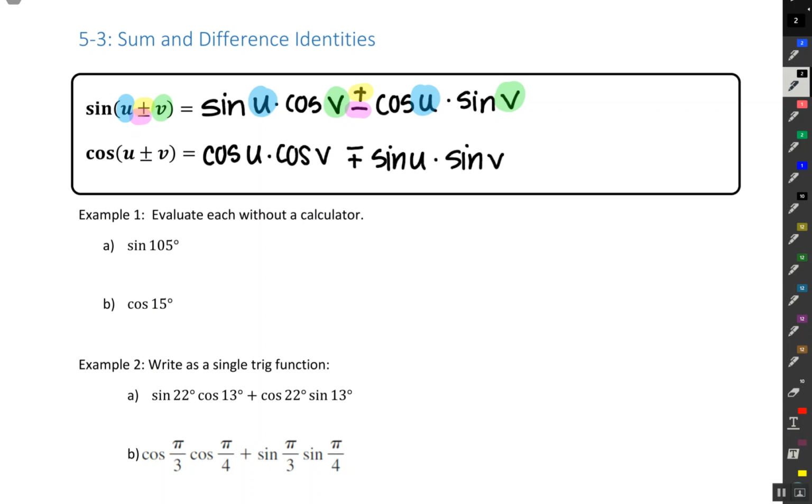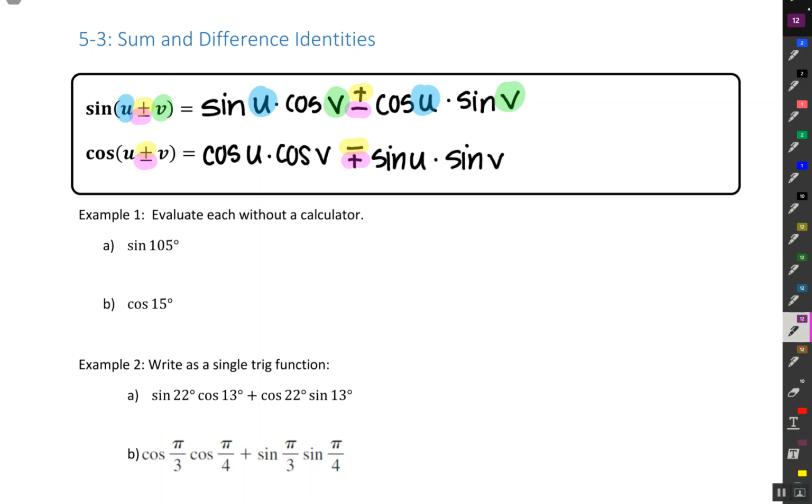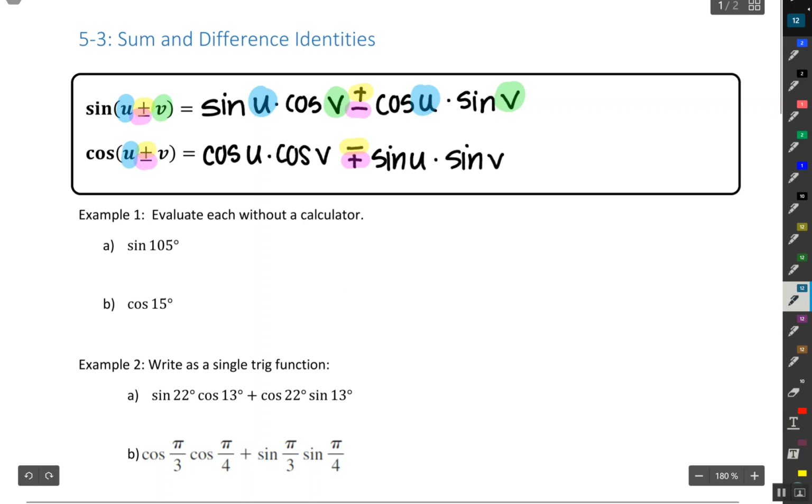The minus plus is telling me that if it's a plus, we're going to use a minus, and if it's a minus, we're going to use a plus. So these signs are alternating. And then of course we've got u and v. u is the first one in each pair and v is the second.